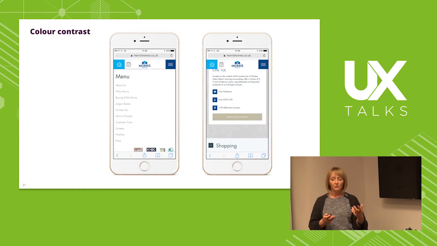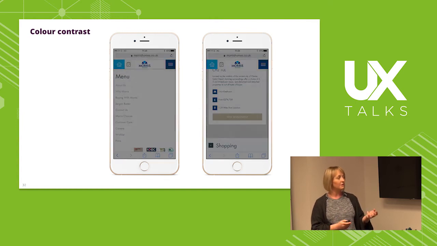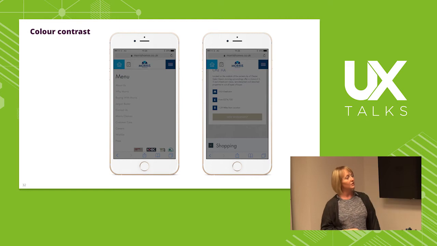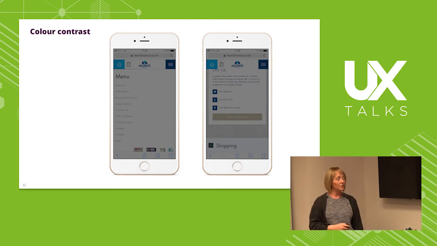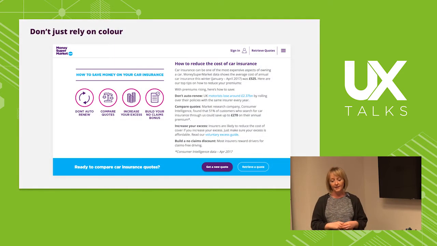So you may be out and about looking at new homes, and you may be on your mobile looking at it. There may be screen glare, the brightness may be toned down because you may be in the house. So to kind of mimic those settings, it makes it even harder to actually see the navigation, and also the view development, the key call to actions on the website. So colour contrast is key.